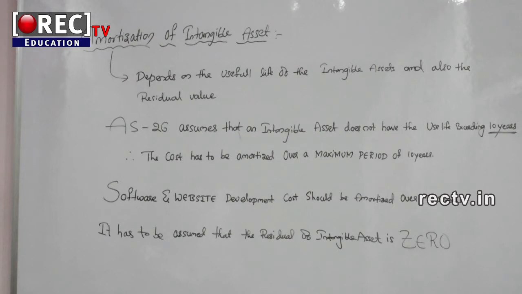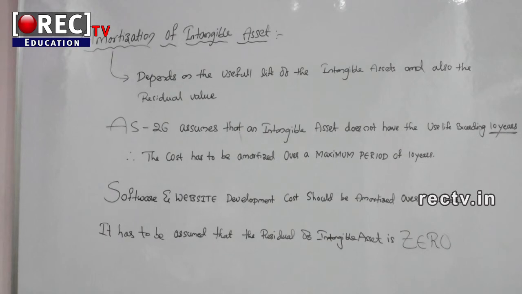Amortization of intangible asset means every year a part of the amount from the intangible asset is transferred to the P&L account. Throughout the period the intangible asset has, you are taking a part of the amount to the P&L account. At last, that intangible asset will show zero balance in the balance sheet.